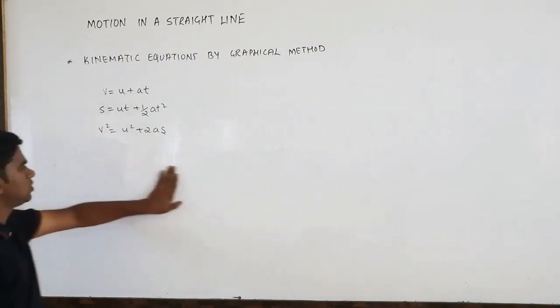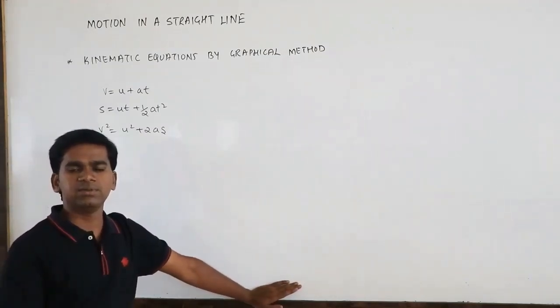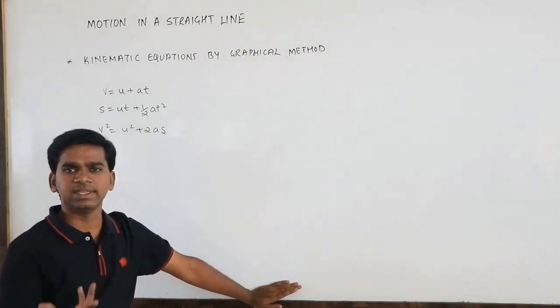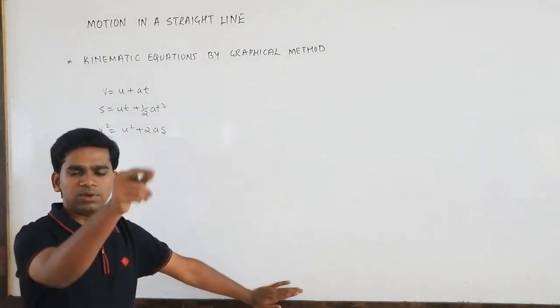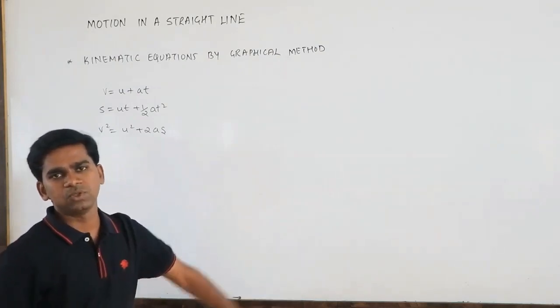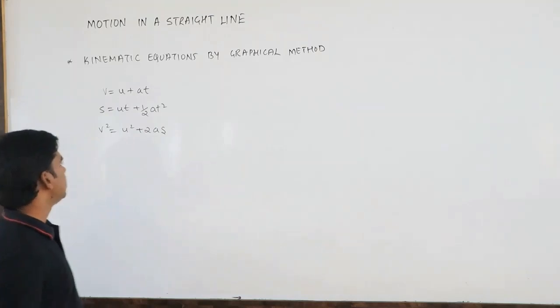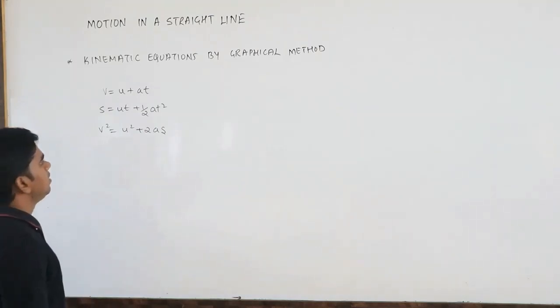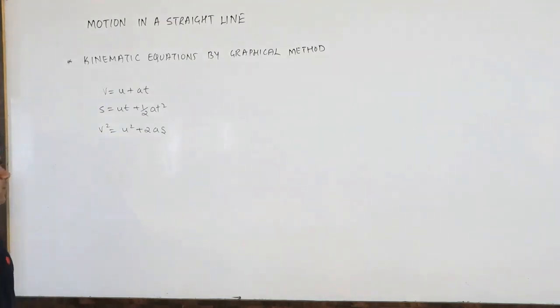So what we have to do, we have to write about the object, what is your initial velocity, what is your final velocity, what you are taking as a, what you are taking as distance. Then you have to draw the graph, you have to derive the equation. Okay, so all your steps carry the marks, so you have to follow all the steps. Out of these three only they will ask, no need to worry about that one.